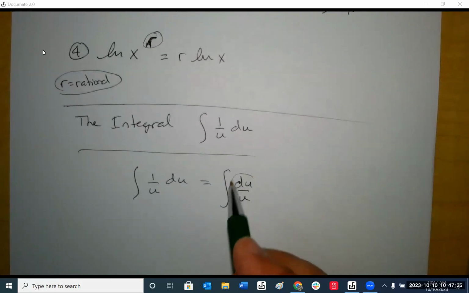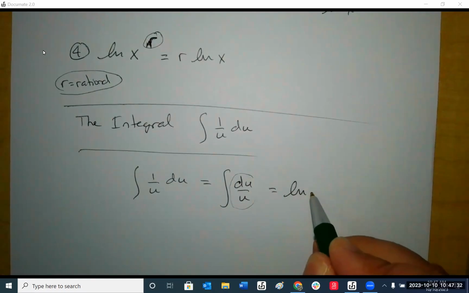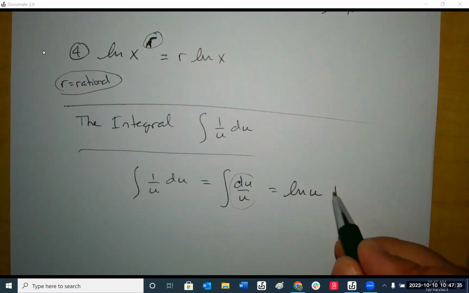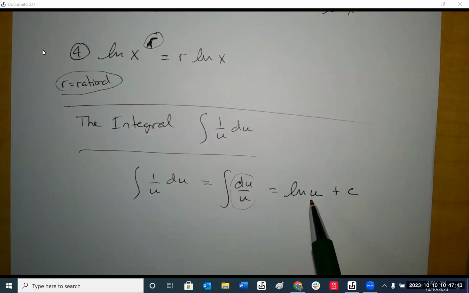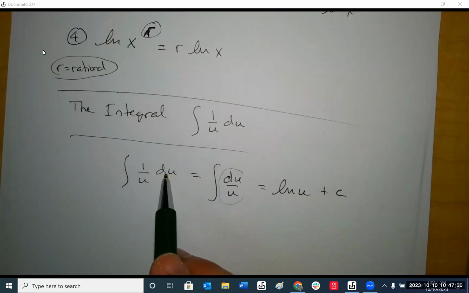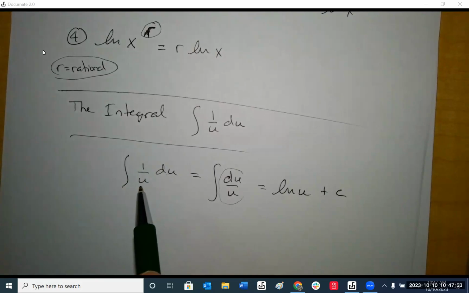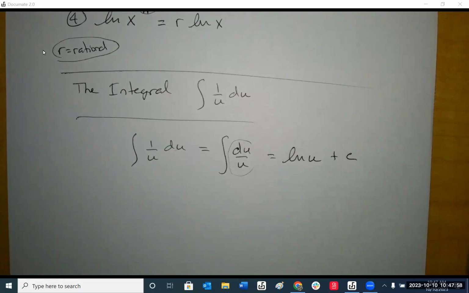What if this is the derivative of something, where did it come from? Because think of it, we took the derivative of ln u, what do we get? 1 over u du. So when we take the integral, we go back to where it came from. So now we're just working backwards. Again, we're dealing with inverses, the opposites of each other.